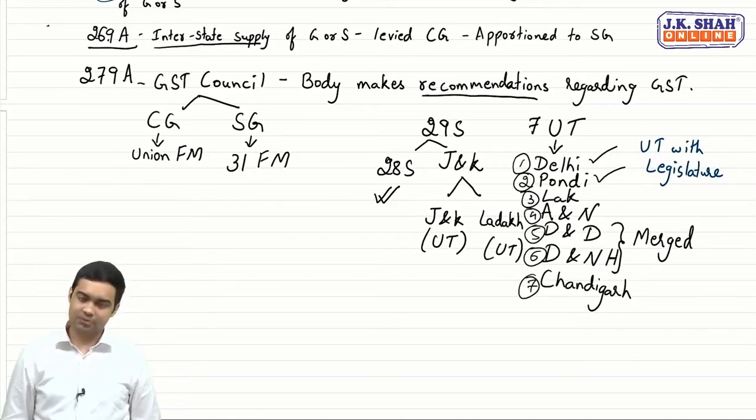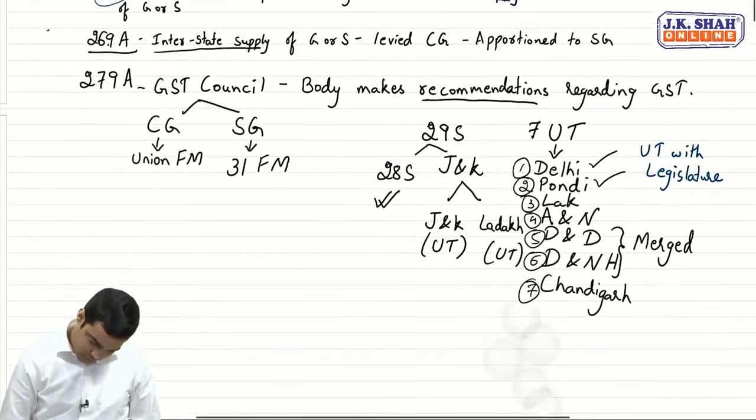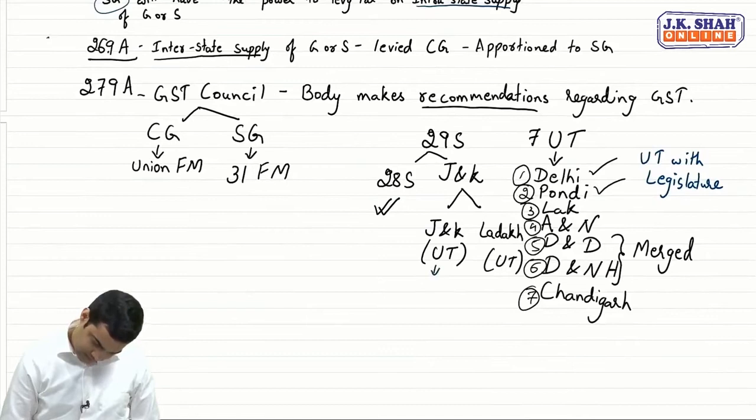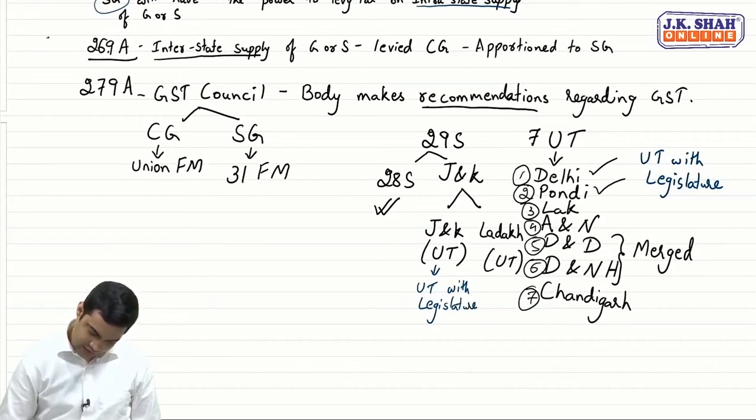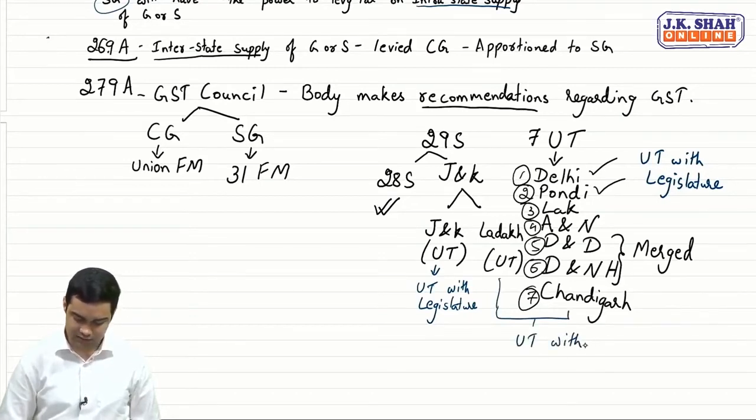When Jammu and Kashmir and Ladakh were made, Jammu and Kashmir is a union territory with legislature, and Ladakh and all other union territories are union territories without legislature.